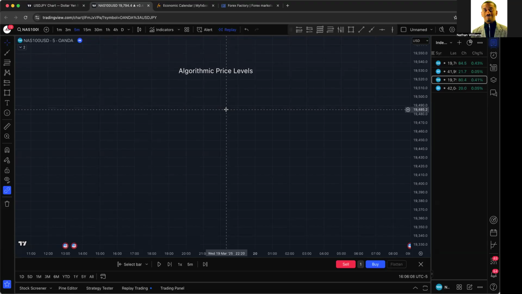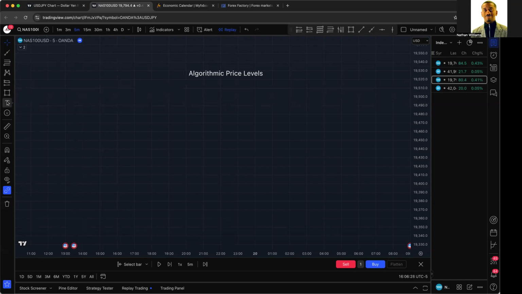And in this foundation, there are what you call algorithmic price levels. These algorithmic price levels are the open prices of certain candles at certain times. The algorithm is based off of time.